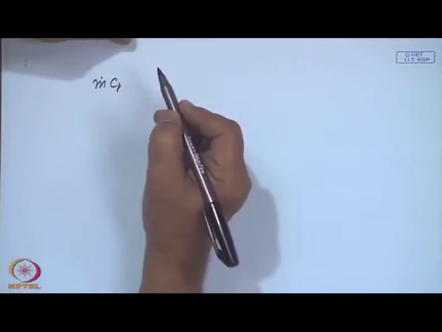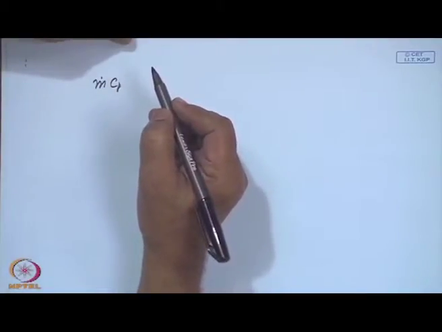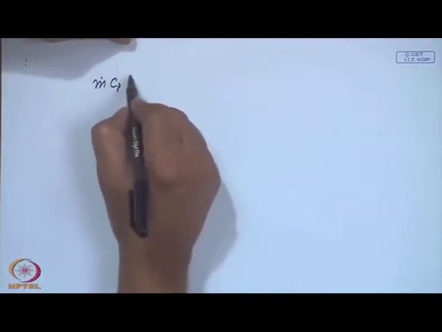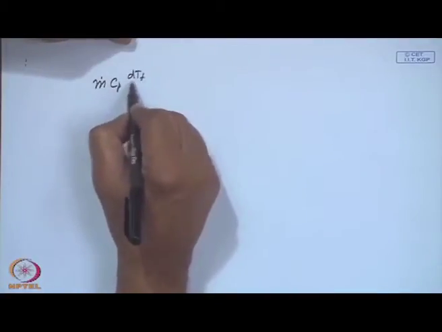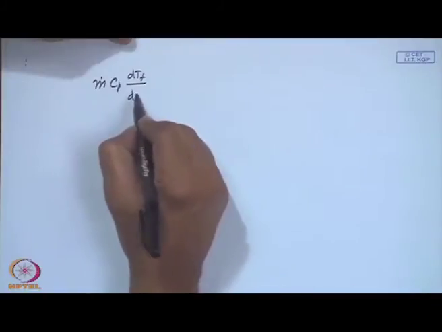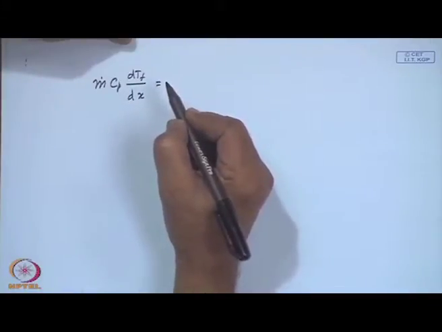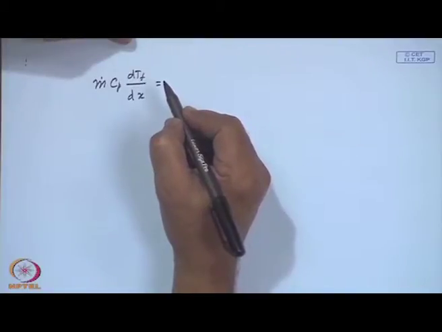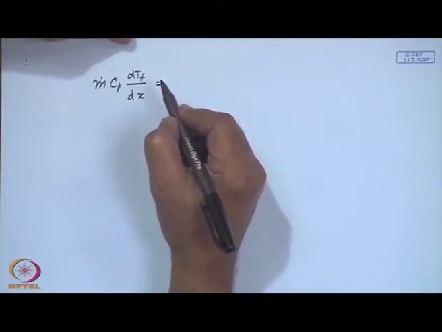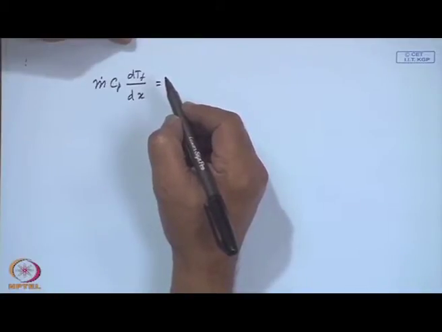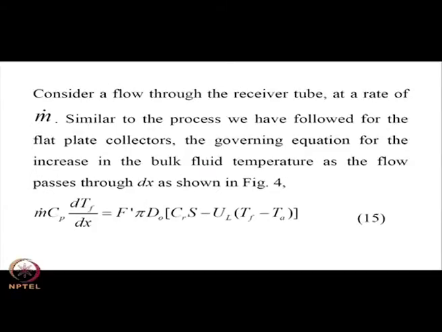If m dot is the flow rate through the receiver tube, and if you consider, as shown in the diagram, an elemental length of dx, the temperature increase over dx multiplied by the mass flow rate and the specific heat is the energy gain while the fluid flows through the tube of length dx.